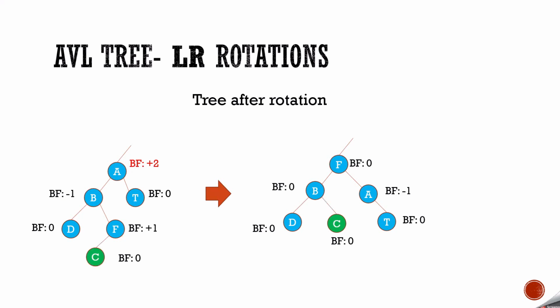In the case where the new node is added as the left subtree of a grandchild, the new node is going to become the right subtree of the left node. Here B is what we have considered as left, F as the grandchild, A as the node, and C is the new node.